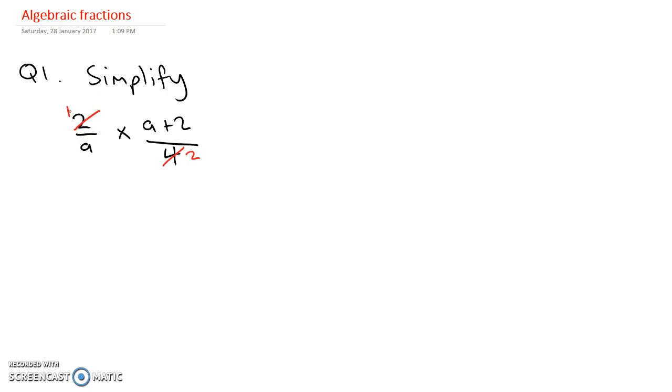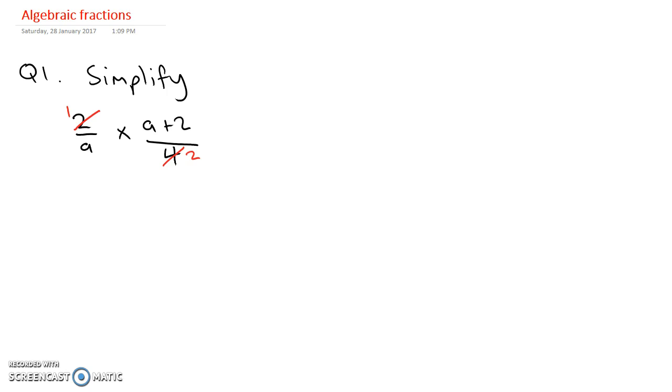Now, we can't cancel the a's because it's not a common factor in a plus 2. So that's all the cancelling that we can do there. Now, when we're multiplying fractions, all we need to do is multiply the two numerators and multiply the two denominators.